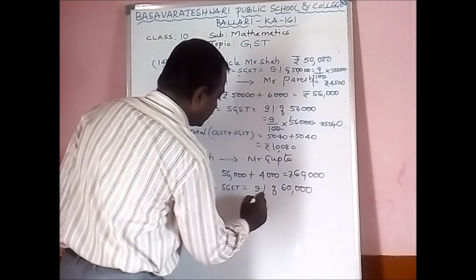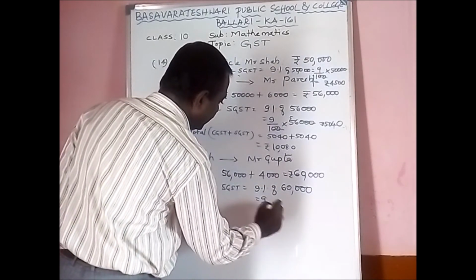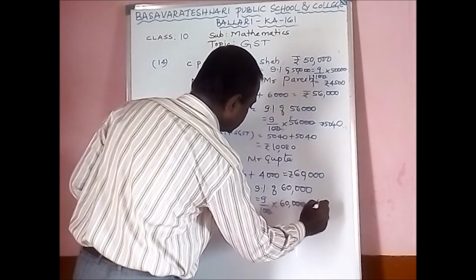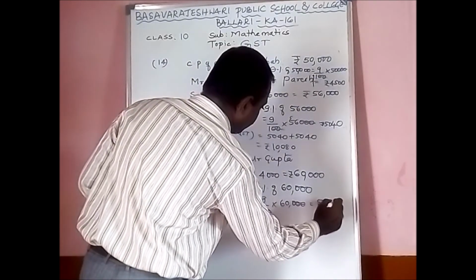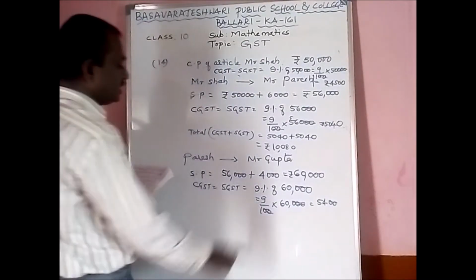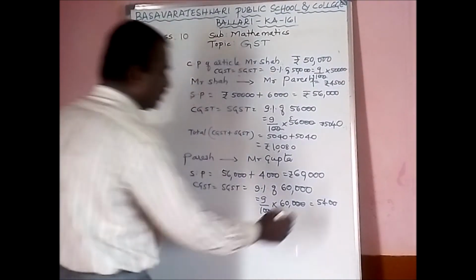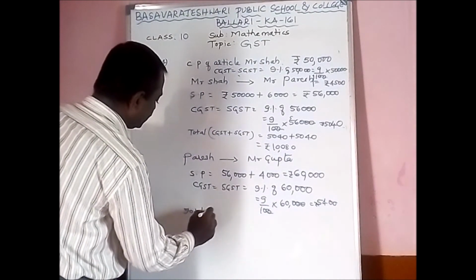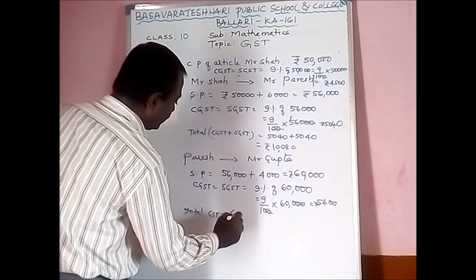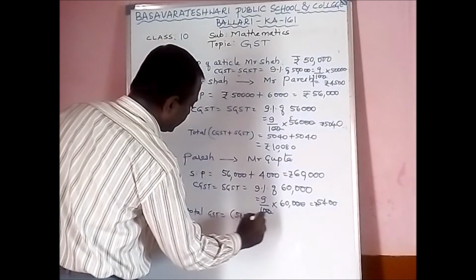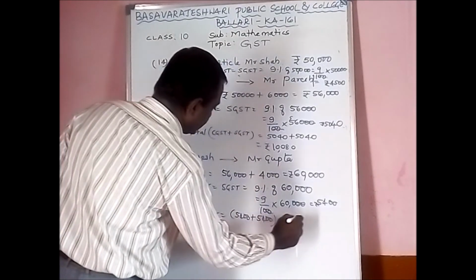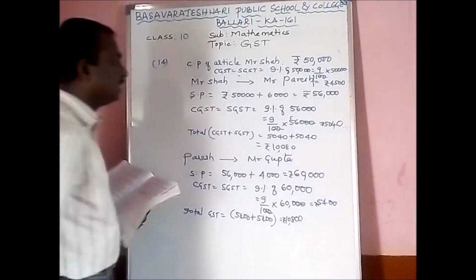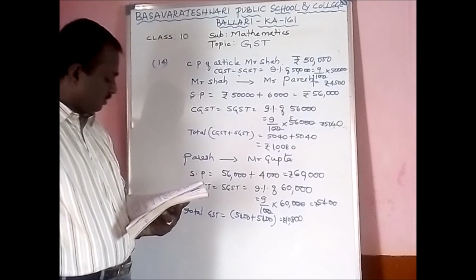Correct? That is 9 by 100 into 60,000. 2 zeros cancel. 5,400. 9 times 6 is 54 plus 2 zeros, 5,400. So total GST, how much will you take? 5,400 plus 5,400 is equal to 10,800. Now it's over.